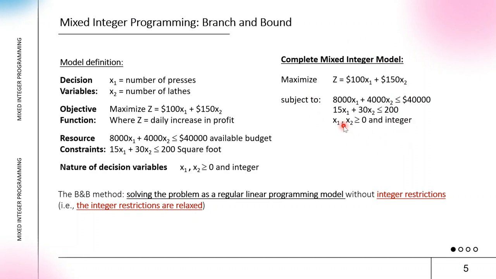The branch and bound method begins by solving the problem as a linear programming or LP model by relaxing the integer requirements. It means that we have to allow x1 and x2 to be continuous. This process gives us a starting point that's easier to solve using linear programming tools.